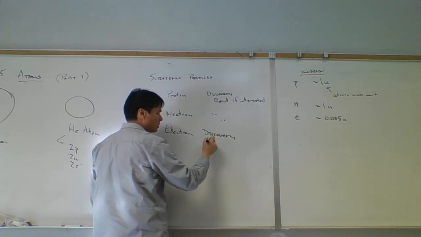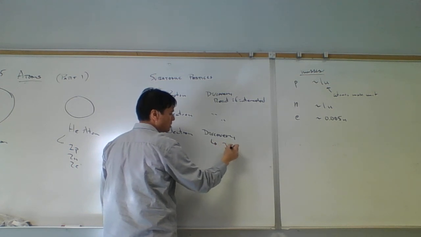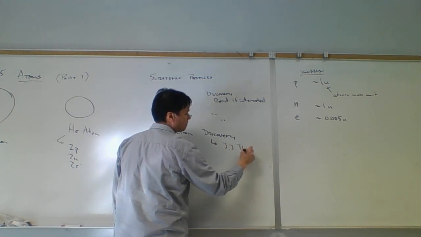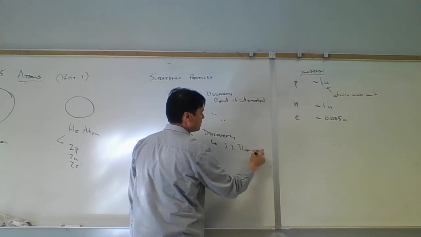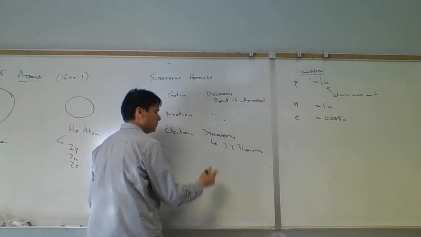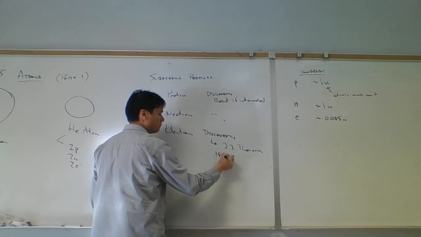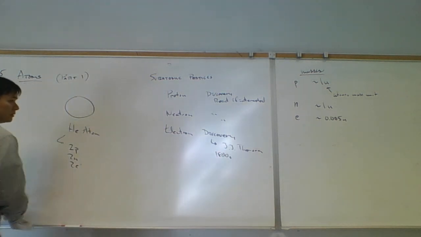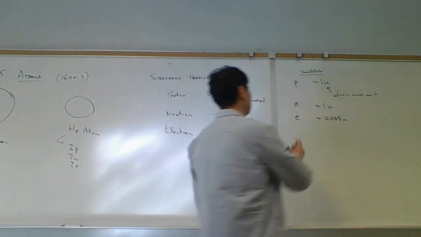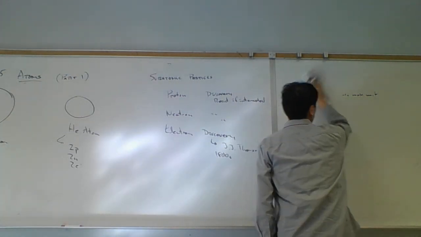The discovery of the electron is credited to J.J. Thomson. Actually, I don't think there's a P there, Thomson. J.J. Thomson in the 1800s. So he's the scientist who's credited for discovering the electron, although electrons have been around longer than J.J. Thomson.